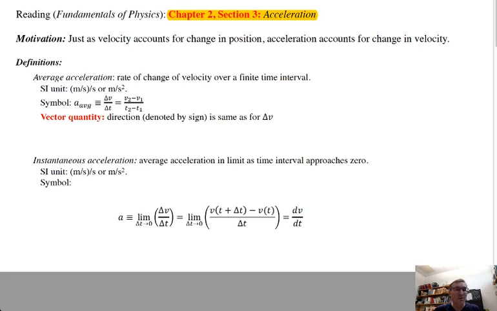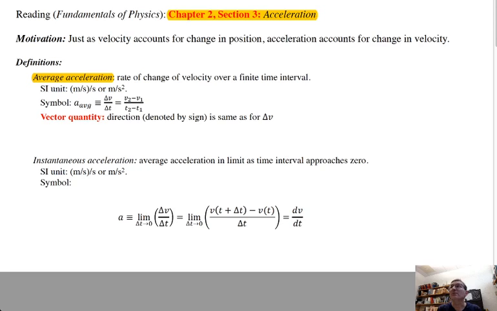So, definitions first. Average acceleration. It is the rate of change of velocity over a finite time interval. I will remind you that average velocity was rate of change of position over a finite time interval. Now we're talking about rate of change of velocity over a finite time interval.